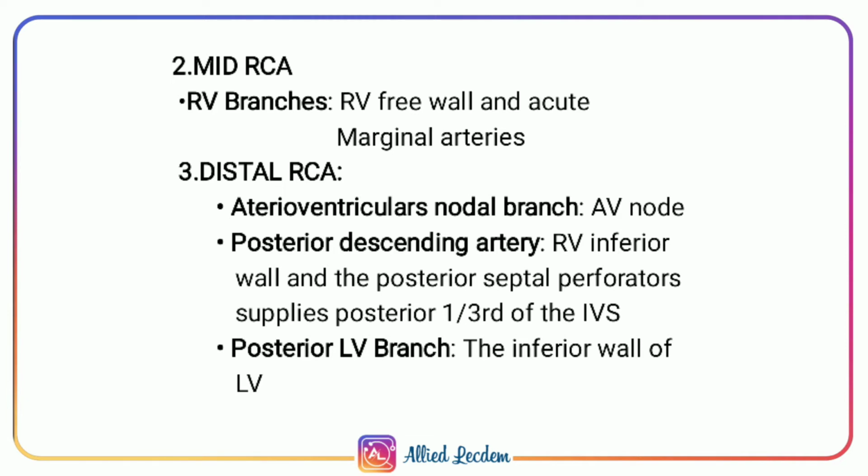Since the RCA supplies the sinus node and AV node in about 60% and 90% of the population respectively, disease in this artery may cause sinus bradycardia or AV nodal blocks.